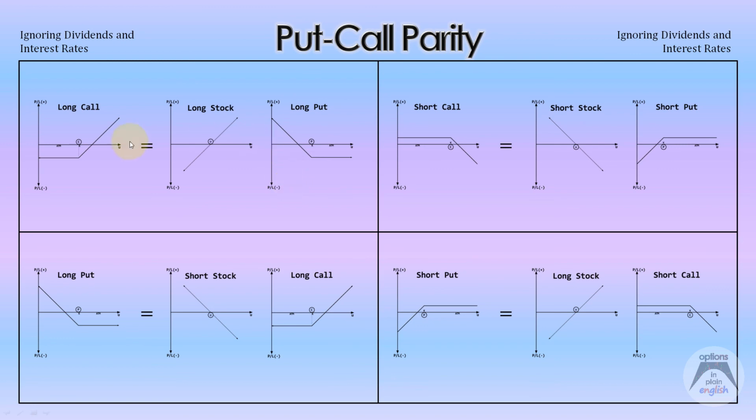Now, of course, if you're talking about a long stock and a put that's out of the money, that long call is going to be in the money. So you might have liquidity issues. So you might still go for the long stock and long put, but because of liquidity.